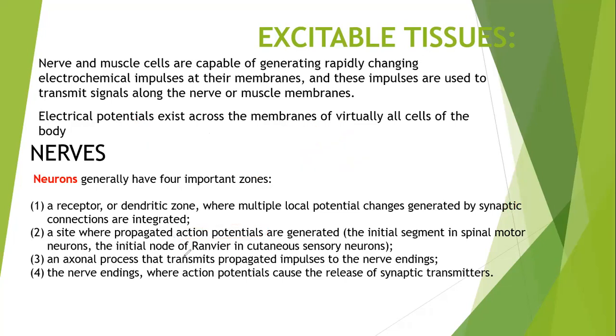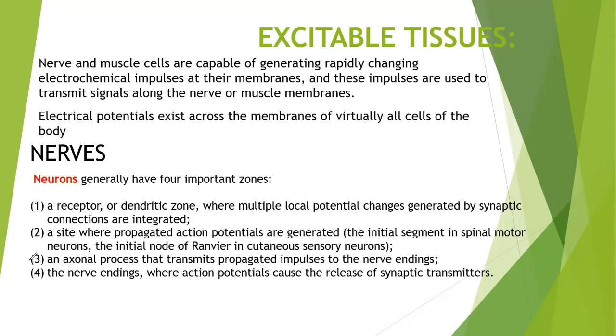So we have discussed two parts, the receptor zone, and now where you generate the action potential. Number three, we have the axonal processes. These axons have the capability of transmitting impulses and passing them to the second cell.